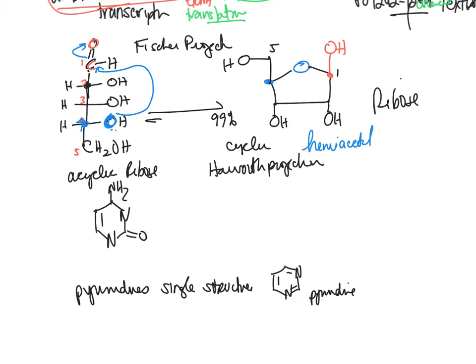And so now if we just draw this structure with our nitrogens, this is the nitrogen which is connected to the sugar. Okay, this is cytosine, if it's just the N-heterocyclic base, and this is uracil.